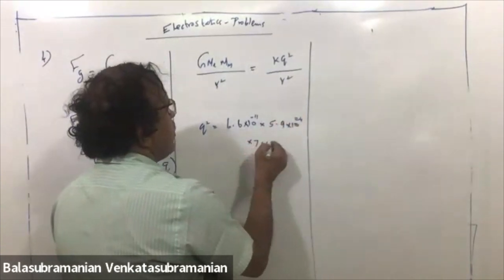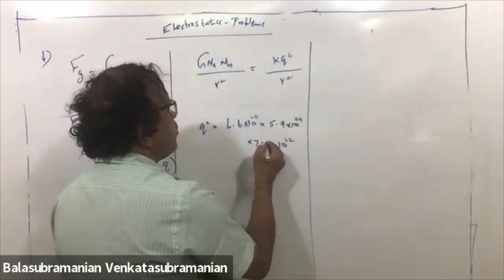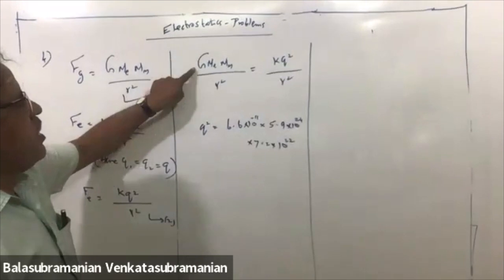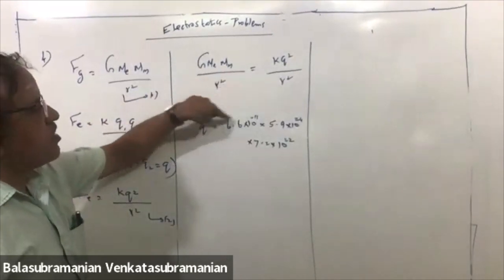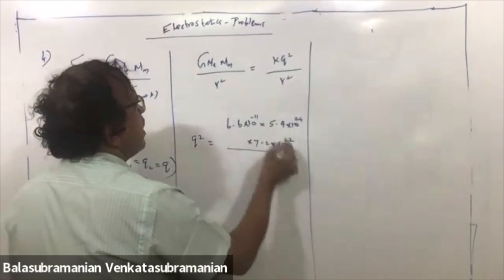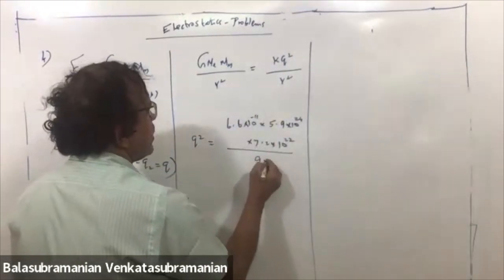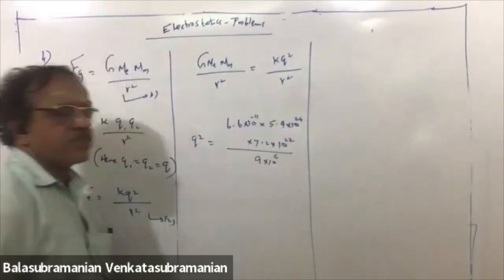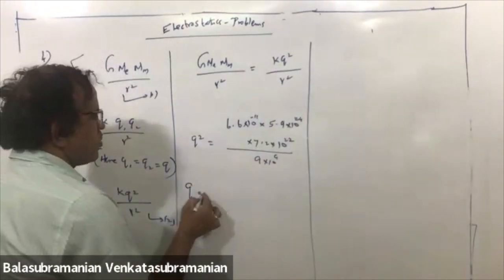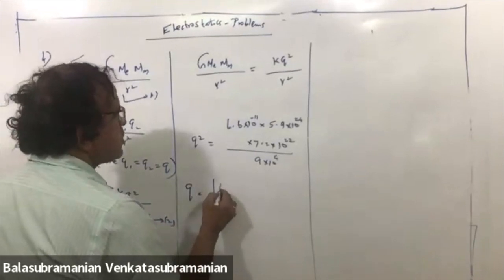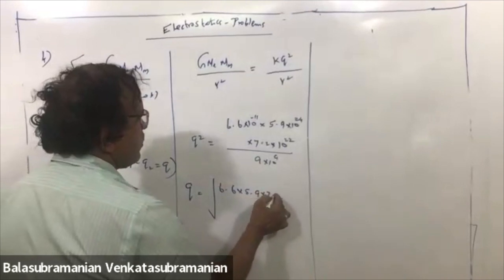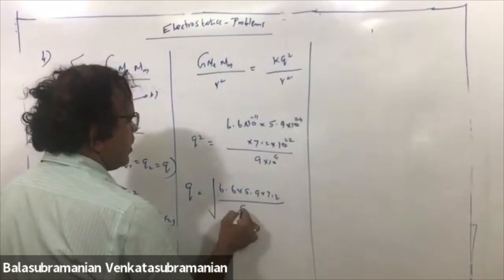Moon is 7.2 into 10 power 22. G ME MM by K, K is 9 into 10 power 9. Q I need. So Q will be root of 6.6 into 5.9 into 7.2 by 9.